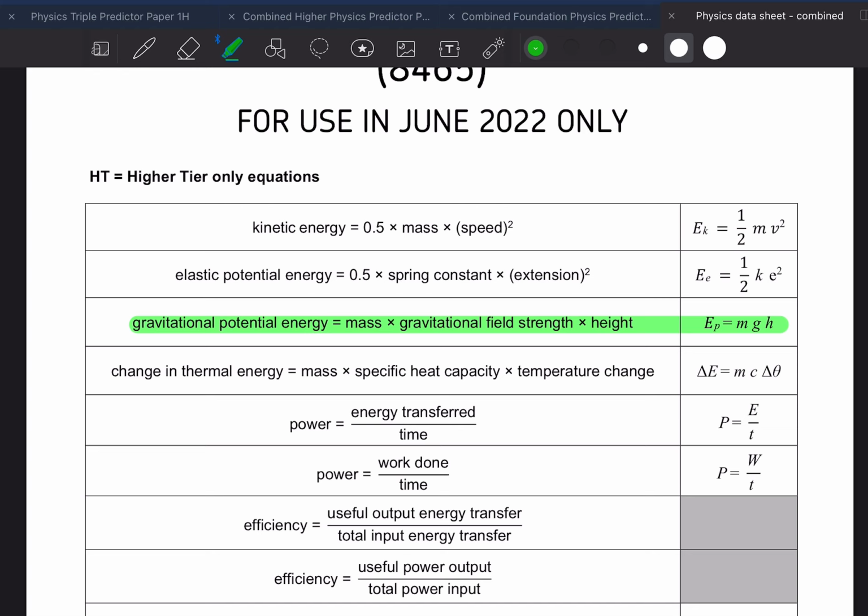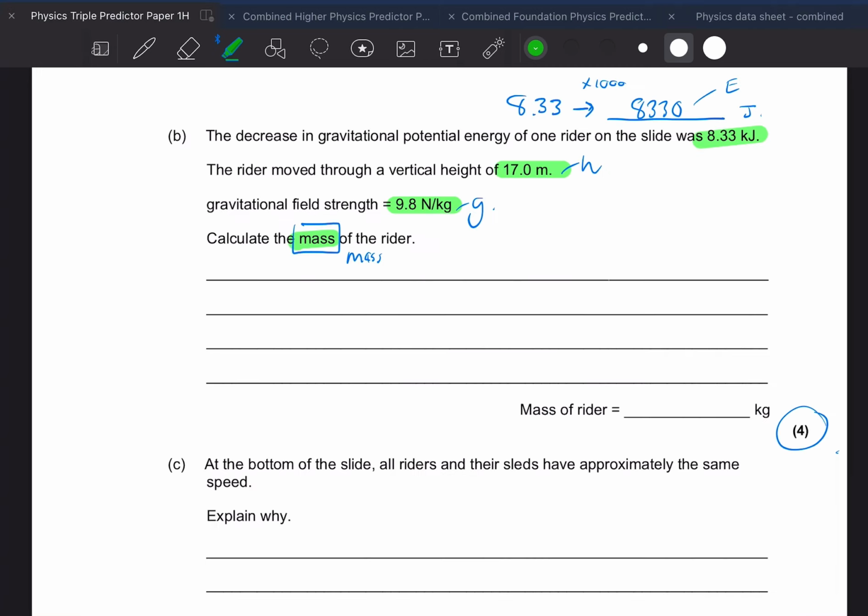EP equals mgh. So potential energy is mass times gravity times height. So let's write our formula in. The formula: potential energy equals mass times gravity, or gravitational field strength, times the height.